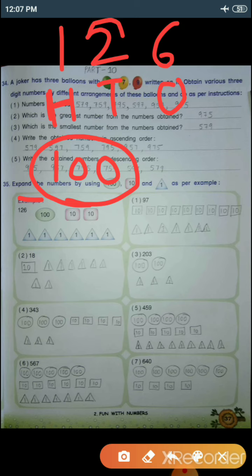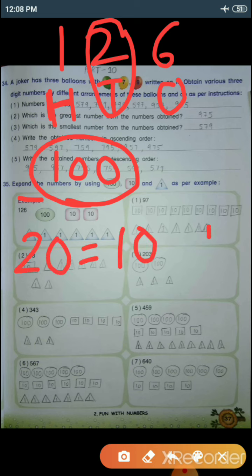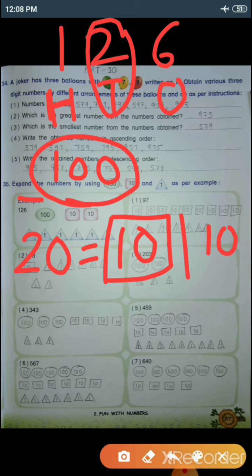Now 2 is on the 10's place. That means the value of 2 is 20. Very good. So we'll write this 20 as 10 and 10 and we'll put a square on it. After that on the 1's place 6 is there. So how many times do we need to write 1? 6 times.